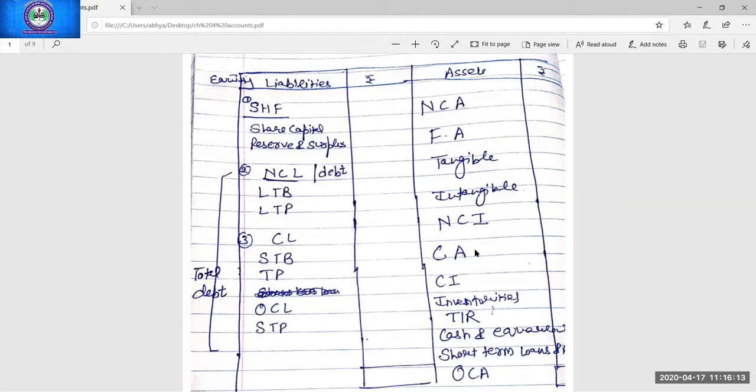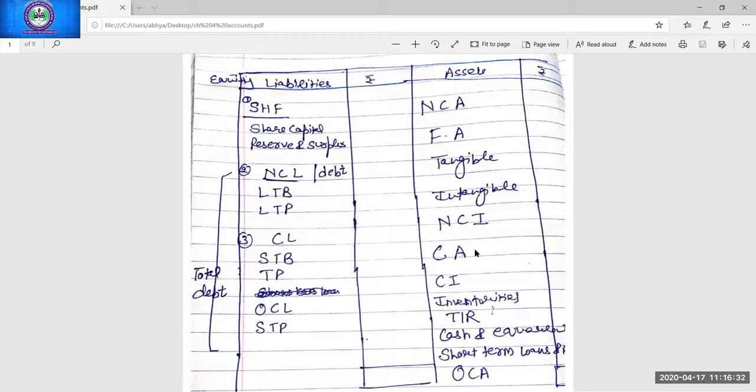And why have we given the heading equity and liability? Because shareholder fund represents equity. Equity means owner's fund, and liabilities represent borrowed fund. As we all know, for getting funds in business, there are two sources: owned fund and borrowed fund.